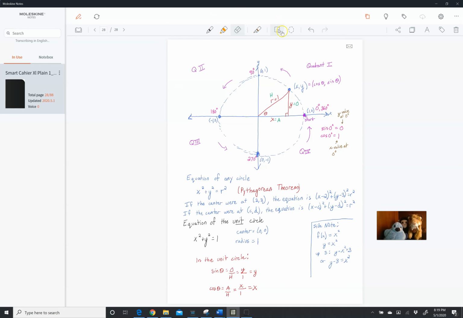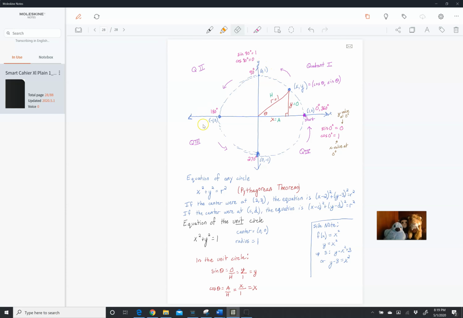Okay, we could take this further. We can say that now we also know the sine of 90 and the cosine of 90. The sine of 90 is the y value, so it's 1. And the cosine of 90 is the x value, so it's 0.